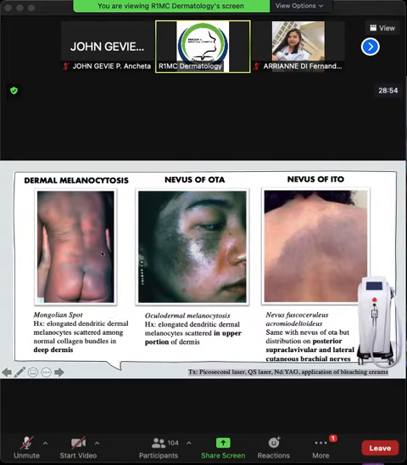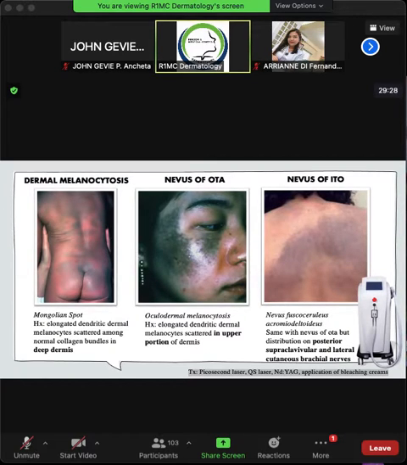So take note that your dendritic dermal melanocytes are noted in your deep dermis, while for your nevus of Ota, known as oculodermal melanocytosis, you would note that your dendritic dermal melanocytes are scattered in the upper portion of the dermis. So your nevus of Ota and your nevus of Ito actually have the same features.